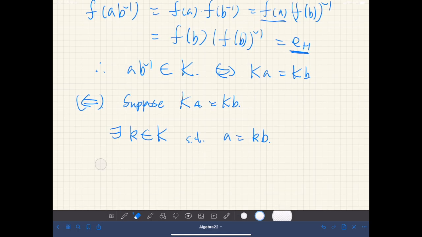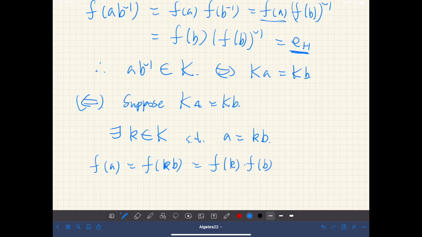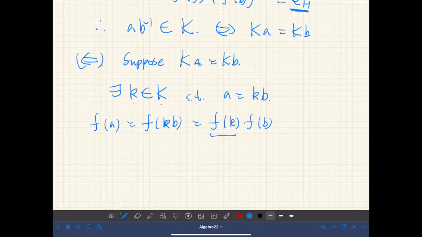So this means f of A is equal to f of kb, but f is a homomorphism, so this is equal to f of k times f of b. But since k belongs to the kernel of f, f of k is equal to the identity element of H. Therefore, this is equal to f of b. Therefore, f of A is equal to f of b. So we are done.